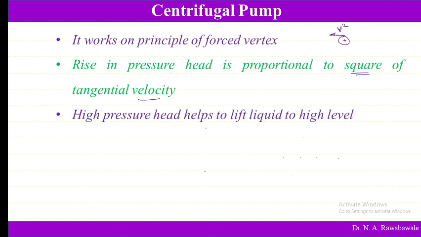So when the mass of liquid is thrown away from the center of rotation, this velocity is converted into pressure head, and this pressure head, produced by the forced vortex, is responsible for raising the liquid to a higher level.